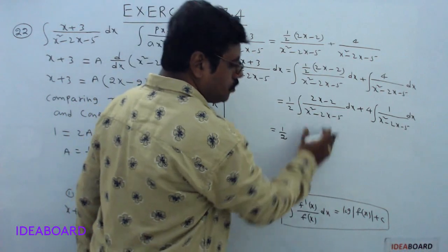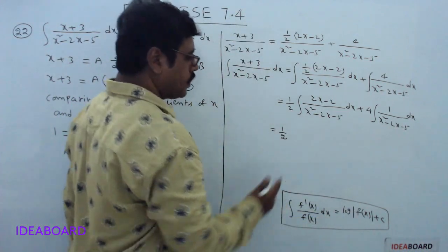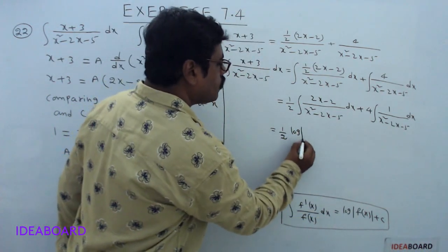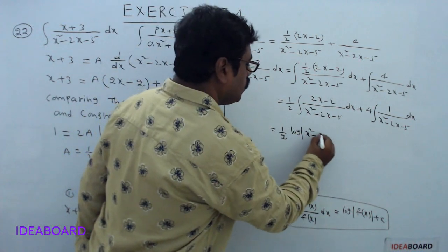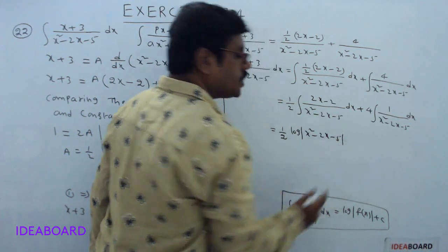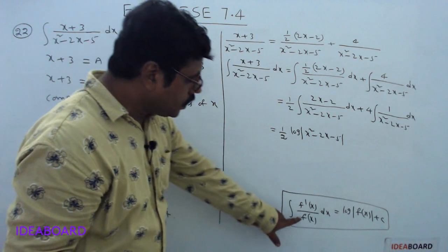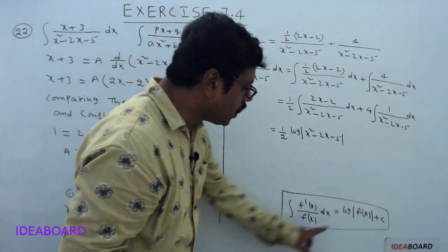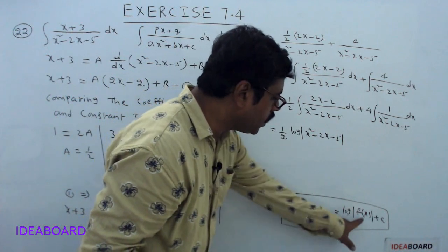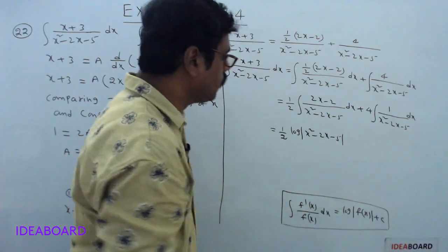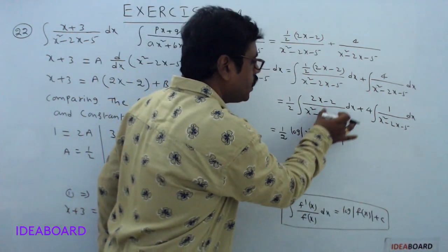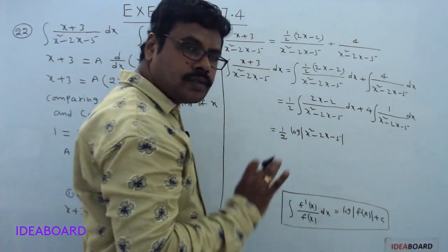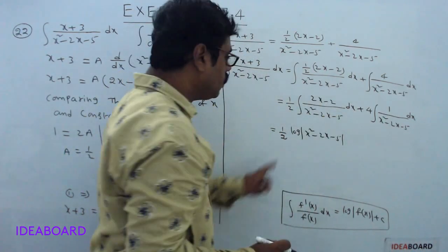So on this term you can apply this formula. This is log|x² − 2x − 5|. So here the derivative of the denominator is in the numerator. What is the formula? log|denominator| plus some constant c. So what is its value?